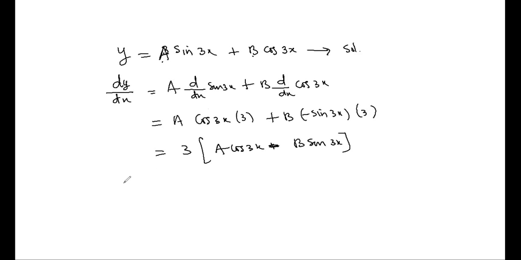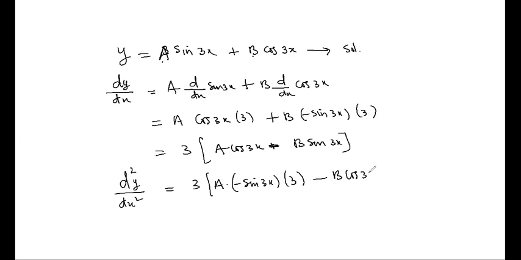Again differentiate. I am allowed to differentiate twice. d square y by dx square is 3 into A into the derivative of cos 3x, which is minus sine 3x into 3, and what is the derivative of sine 3x? Cos 3x into 3. I cut down the steps because you have to repeat the same thing. Minus 9 became common: A sine 3x plus B cos 3x.